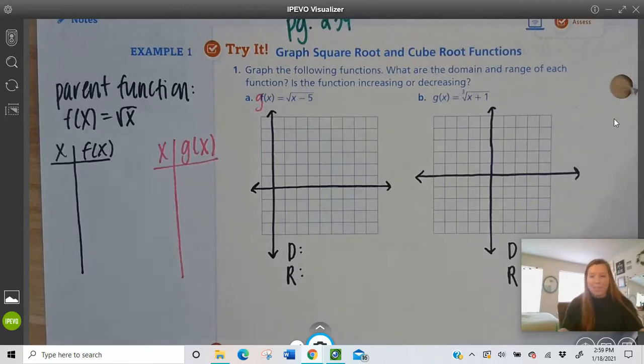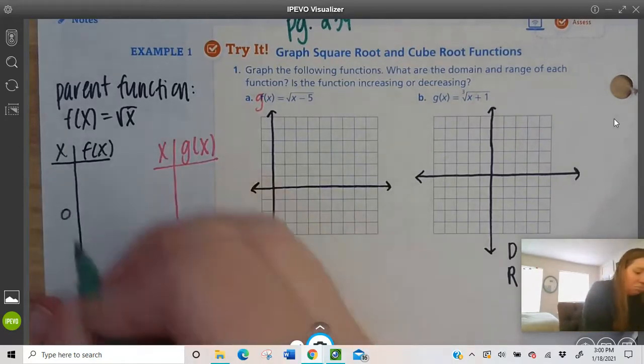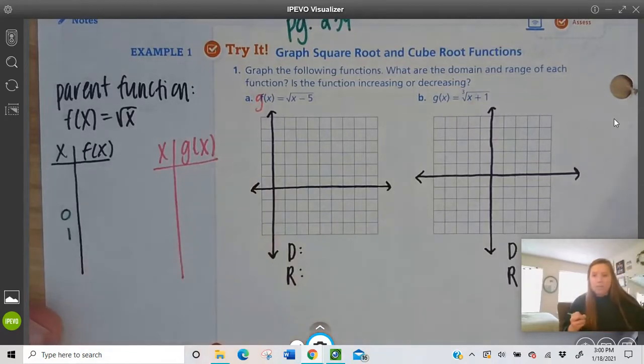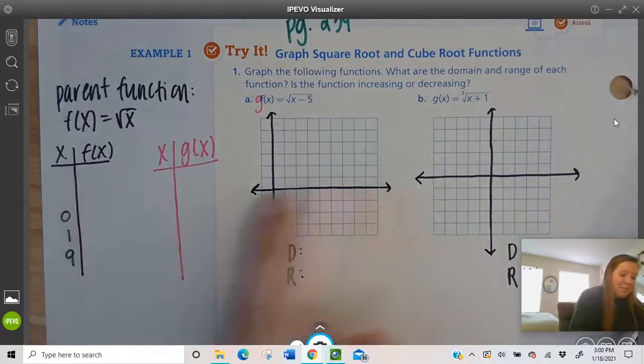But we know that we can't take the square root of 2, so things that might be nicer for us are our perfect squares. I'm going to do 0, and I can take the square root of 1, but my next perfect square wouldn't be 2, 3, 4, 5, it would be 9. So I'm going to put 0, 1, and 9 on my graph, and we'll see if it fits on this page.